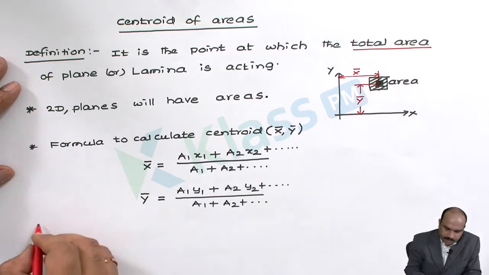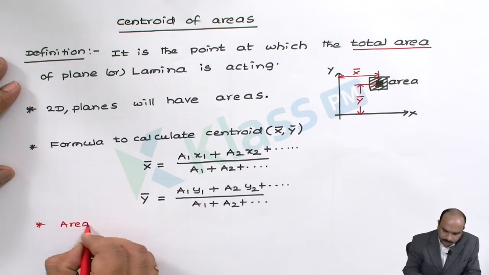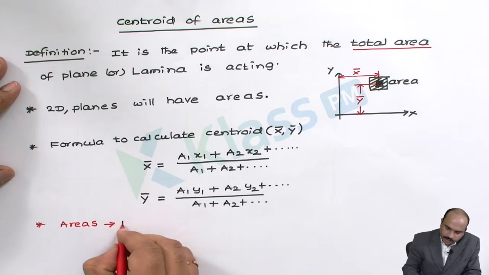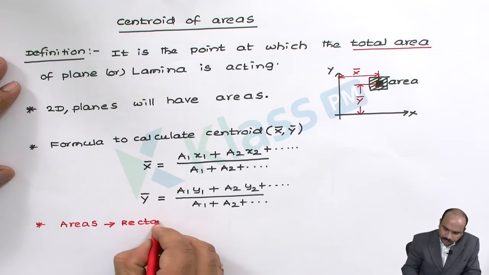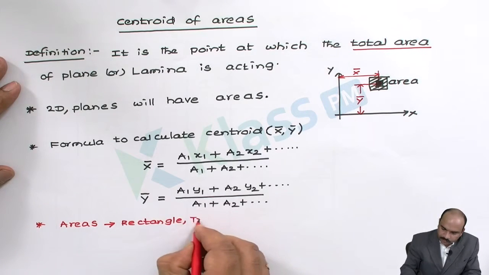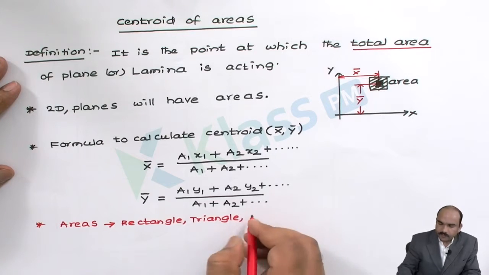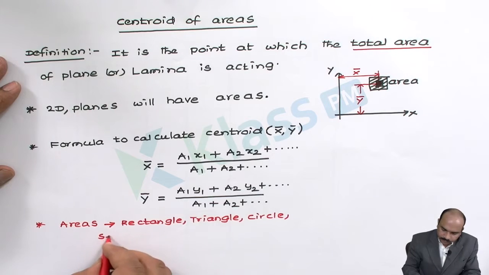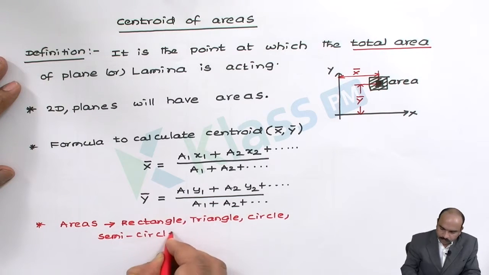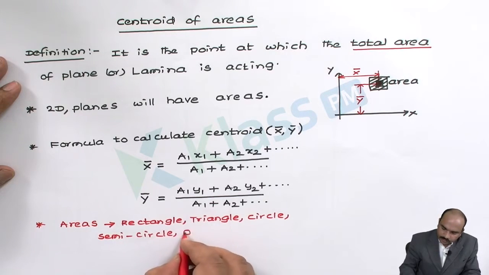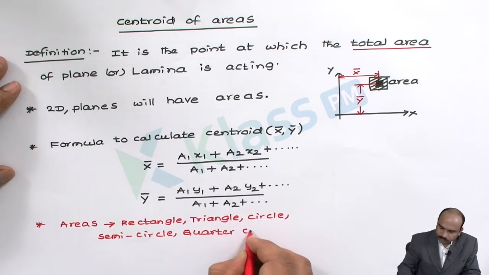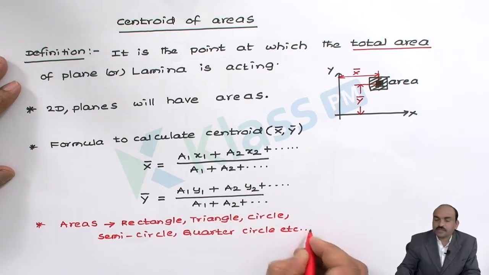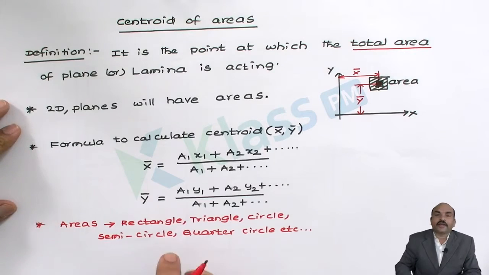So let us see the areas. Areas like rectangle, triangle, circle, semicircle, quarter circle, etc. So these are the areas.